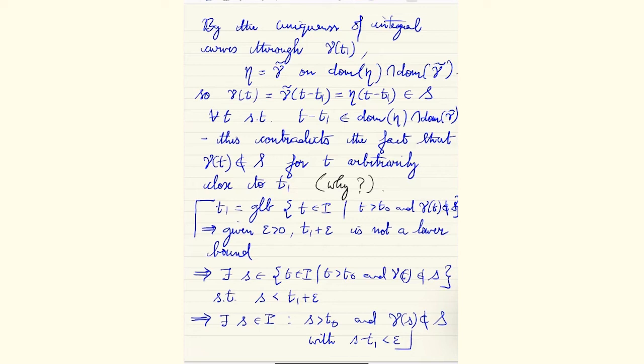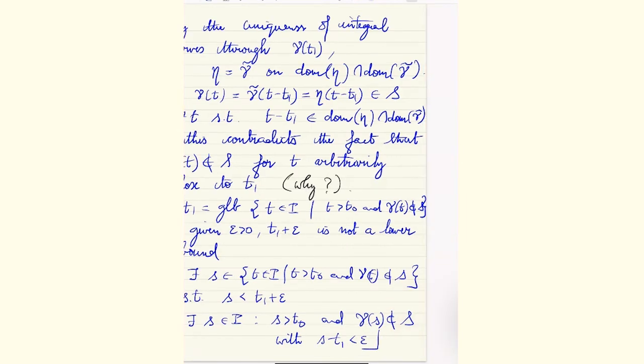And the contradiction arose because we assumed that there is a point greater than t0 where the curve did not lie on the surface. So therefore, for every t greater than t naught, gamma of t has to lie on the surface.